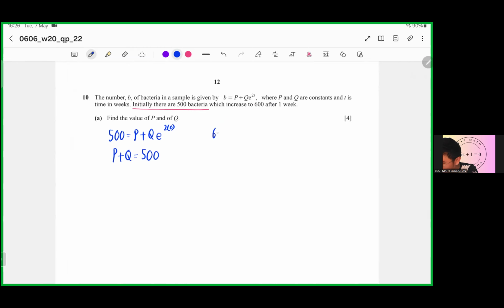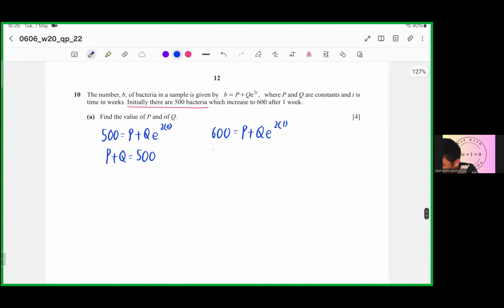And then 600 equals P plus Q e, t equals 1. So we will get P plus Q e squared equals 600. So now we can take P equals 500 minus Q.